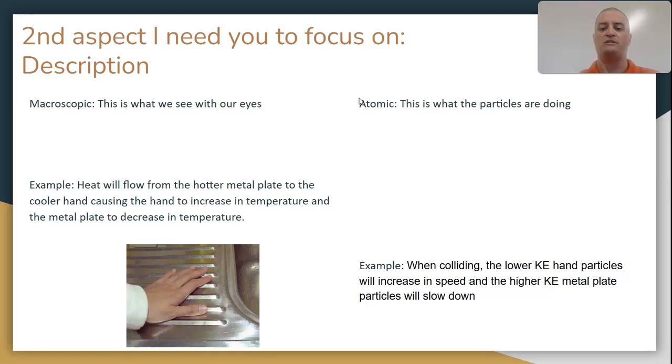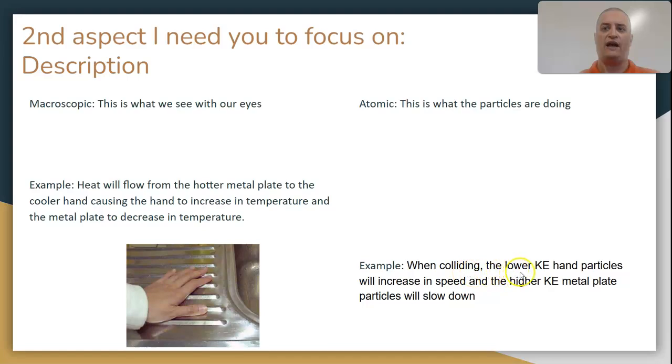They have some speed, like we've modeled before. Three, after colliding, the lower kinetic energy particle will move faster than before, and the higher kinetic energy particle will move slower than before. Now, heat transfers from the higher kinetic energy particle to the lower kinetic energy particle.